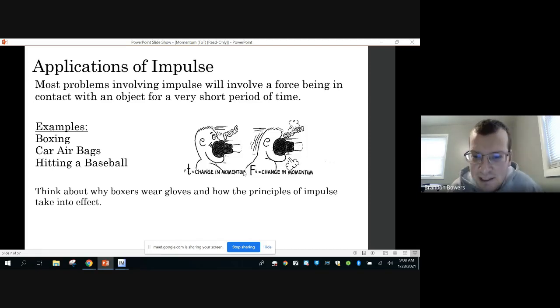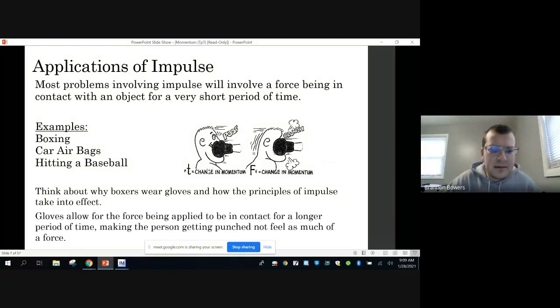Whereas if the force was increased, that would hurt a lot more. Car airbags, hitting a baseball. We're going to look at mainly those three examples. So impulse involves time, right?